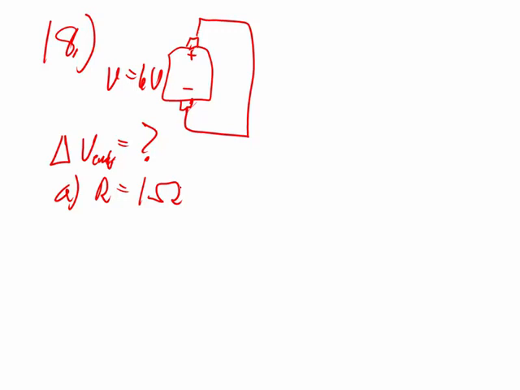Well, how do we find this, y'all? This is a simple Ohm's law problem. By the way, did it give us the current? A 6-volt battery, and the current I through the wire has the following resistances. Did it not tell us the current?